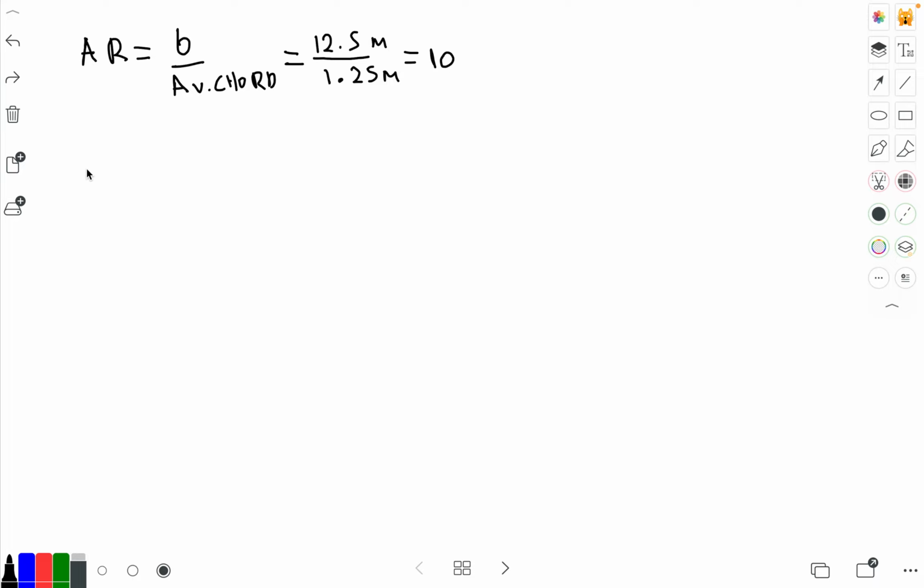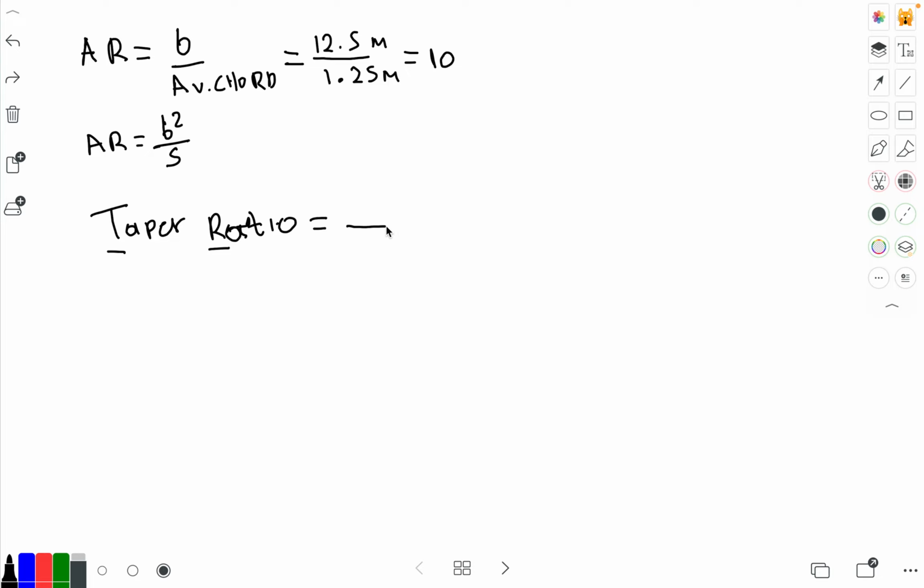Also, one more formula of the aspect ratio, what we must remember, is aspect ratio equals wingspan squared divided by the area. Moreover, the taper ratio equals tip to root.